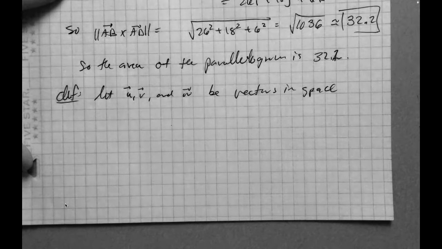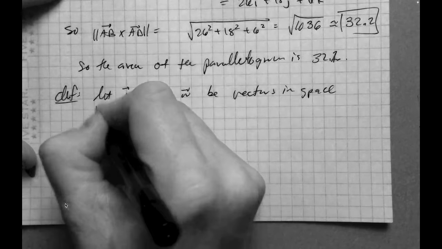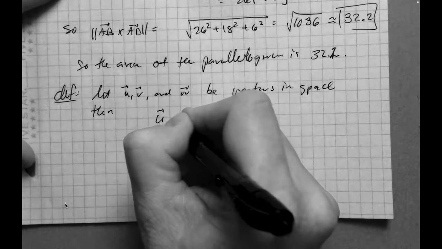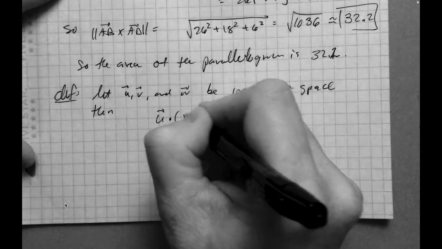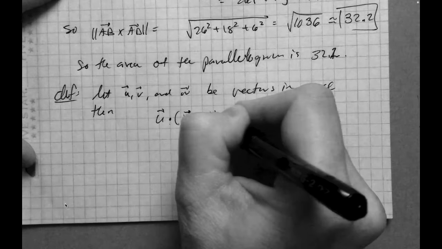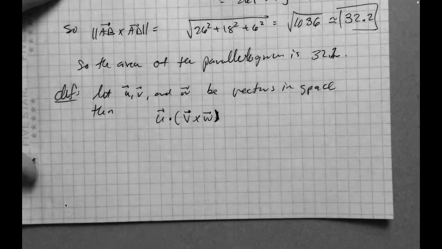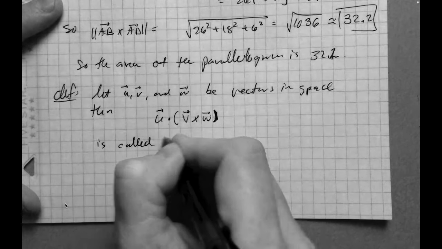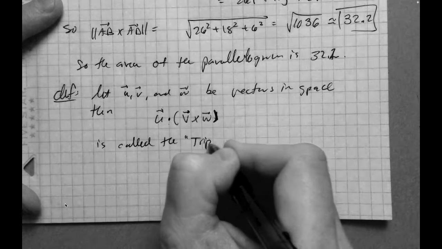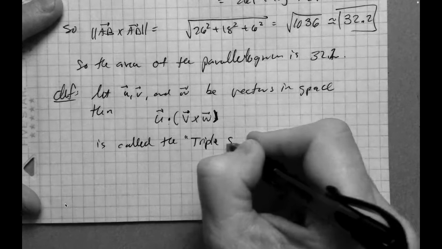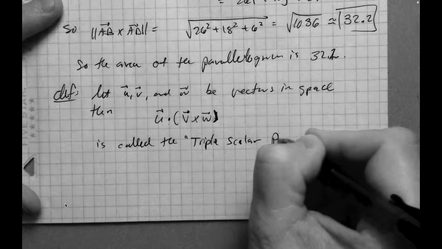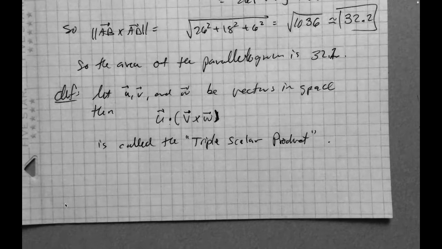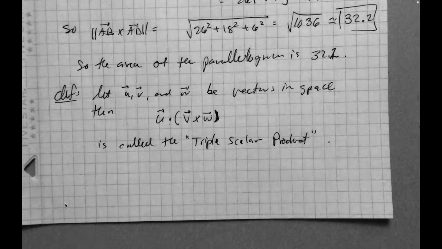Then u dot v cross w is called the triple scalar product.